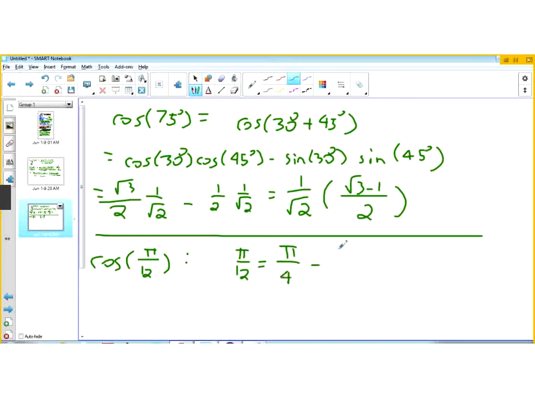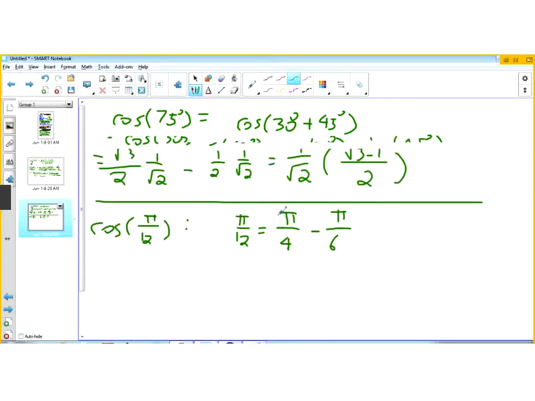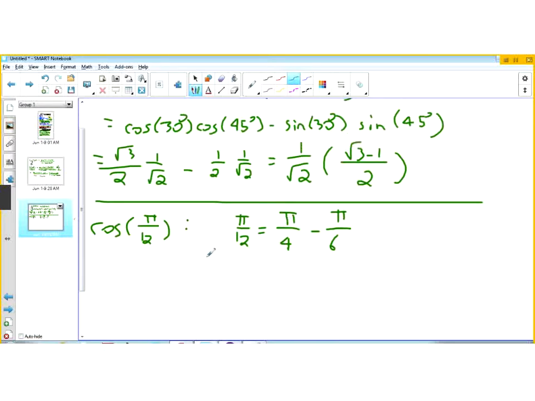It turns out that pi 12ths is equal to pi 4ths minus pi 6. We're familiar with the cosines of pi 4ths and pi 6. We don't know what cosine of pi 12ths is, but we have to reformulate pi 12ths in terms of things we know, the sum or difference of things we know what the cosines of.